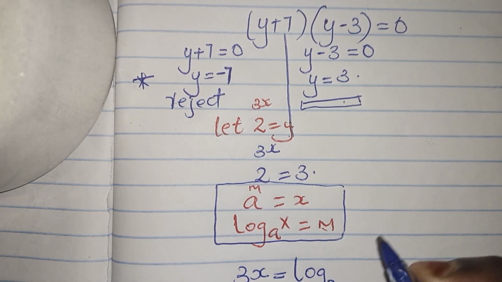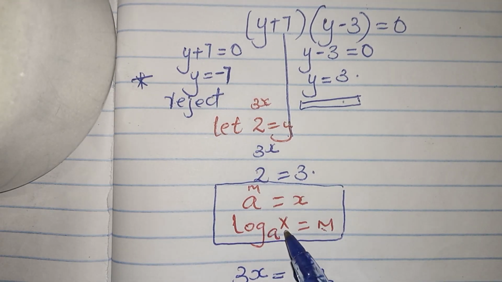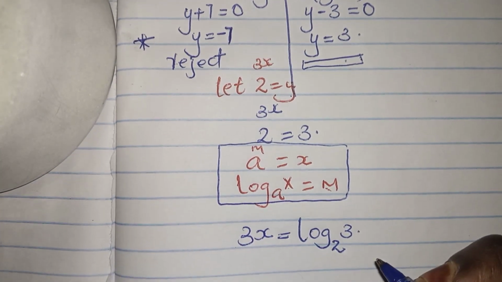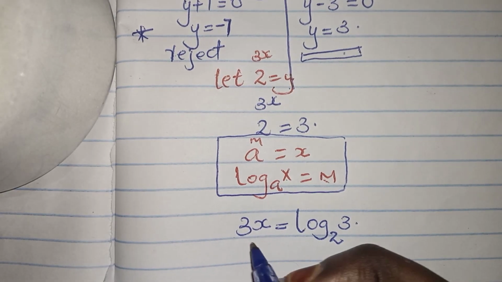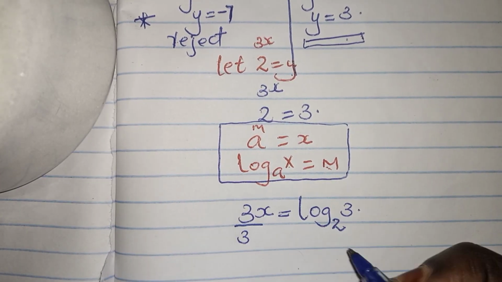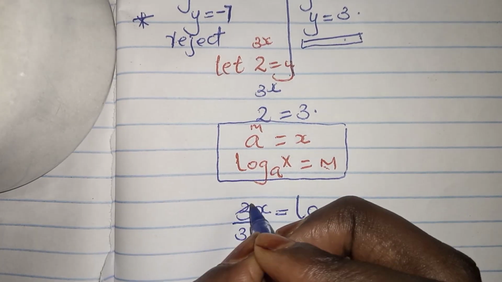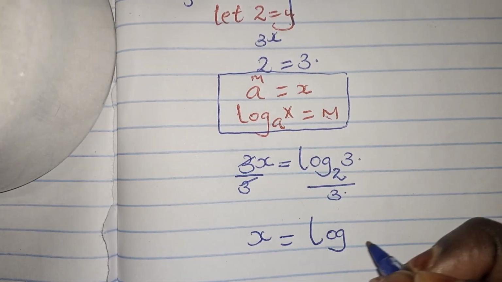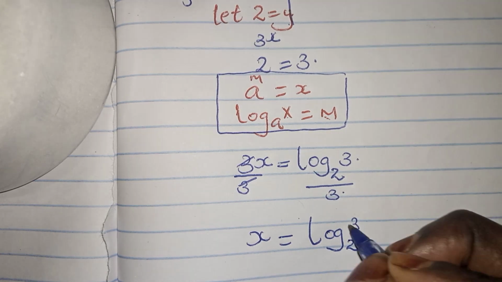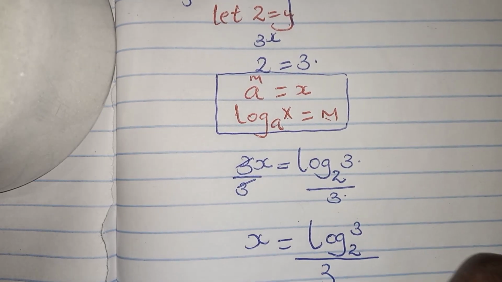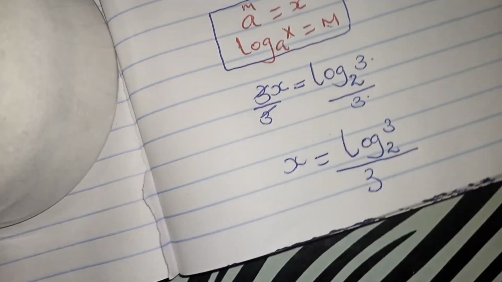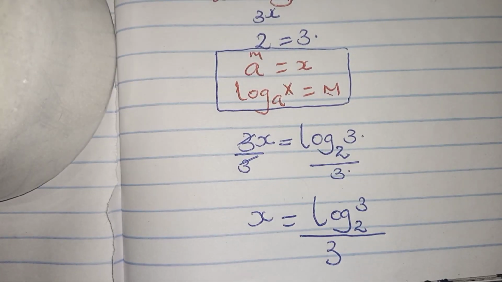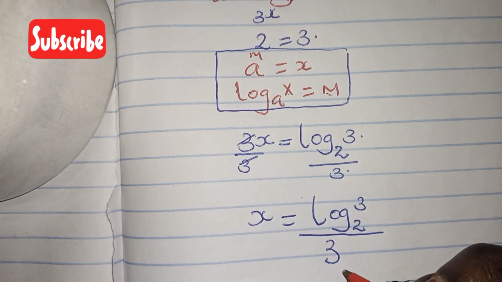So 2 will be my base, and our x here is 3. So to remain with the x, I will divide here by 3. So this 3 here will cancel, and x is equal to log base 2 of 3, divided by 3. And this is the right answer. x is equal to log base 2 of 3 divided by 3.